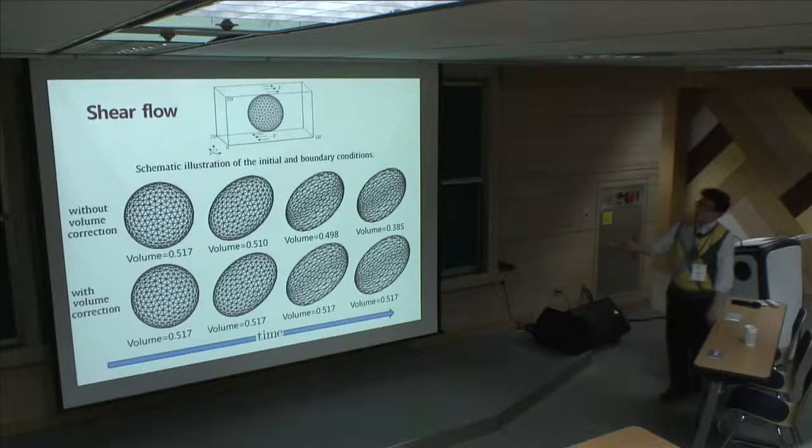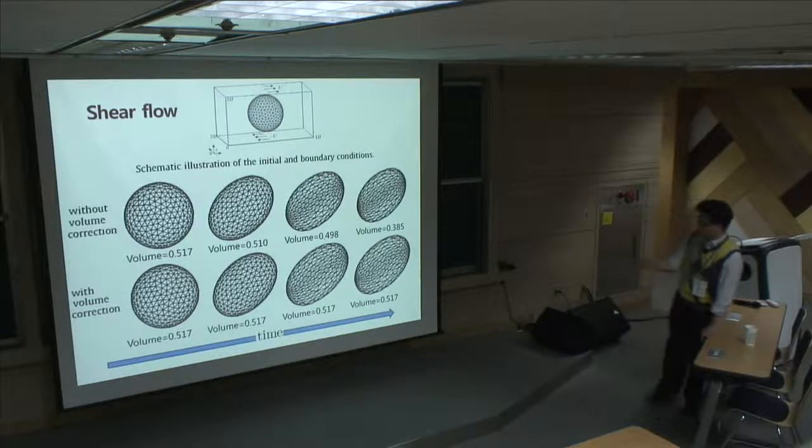Once you lose the volume, we overestimate the curvature, and then the surface tension is higher, so it's getting worse. Eventually it disappears. So this is not good. The volume correction is basically that you calculate the normal direction of the surface, and then by increasing or decreasing, we adjust the volume.